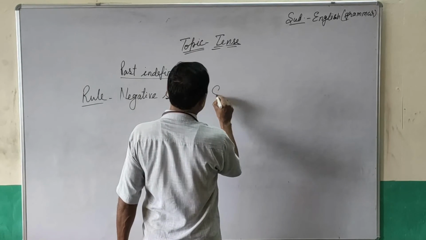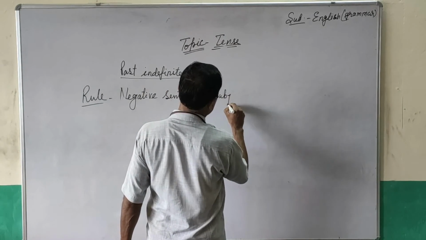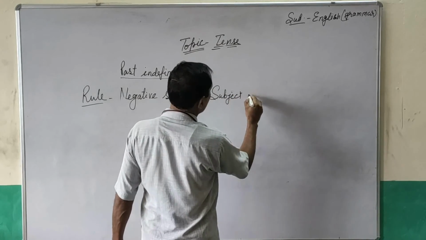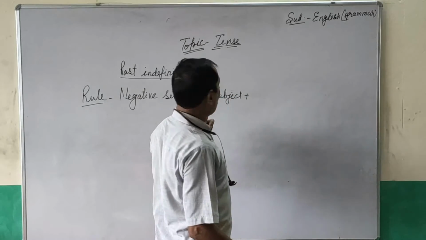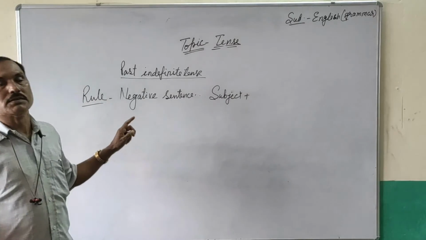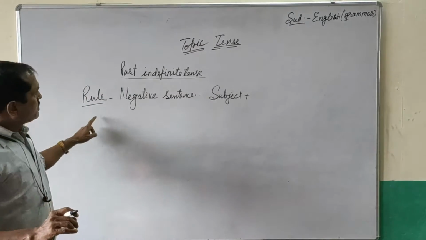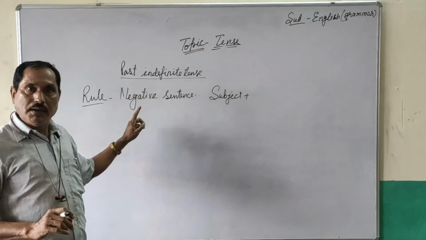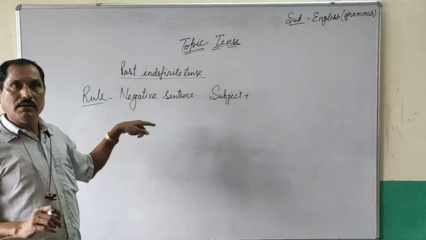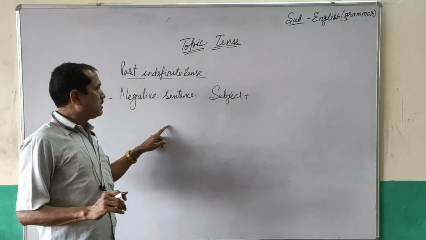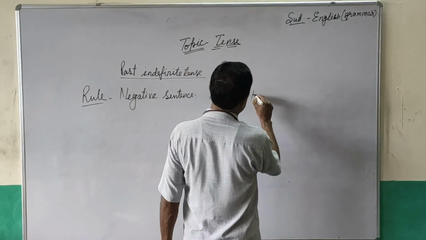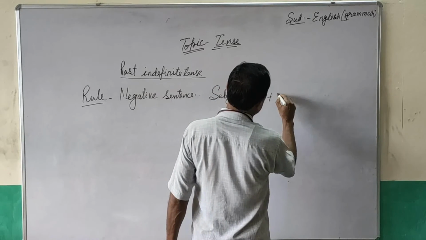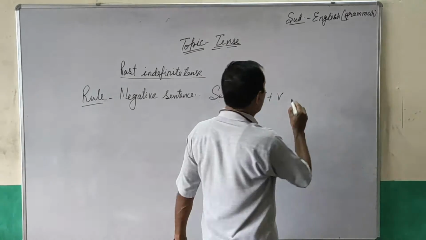Rule: subject plus helping verb plus first form of the verb plus object. I have told you before, we use helping verb in negative and interrogative sentences.